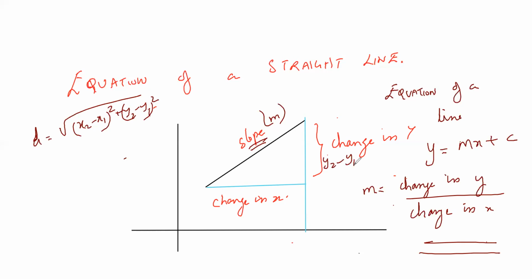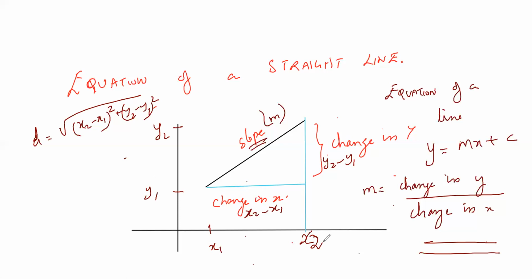This change in x is x2 minus x1. So this is the meaning of this. And if you ask me what is this y2, this is my y2 point. This is my y1 point. Similarly, x1 and x2, this is my x1 point. This is my x2 point. Is it clear now? Yeah, I think this is much clearer.